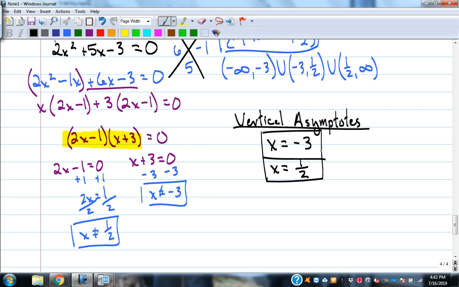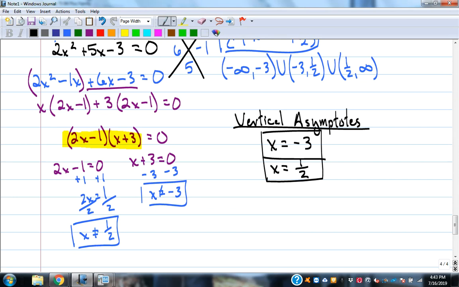Those are our two vertical asymptotes. Okay. If one of those factors had canceled out, you would only have whichever one was left as your vertical asymptote. So vertical asymptotes should match up with at least part of your domain. In this case, it's all of it. It's both of them out of the domain because nothing's simplified. Okay. So we get vertical asymptotes. Once we find that domain and simplify, the vertical asymptotes are really an easy thing. So it doesn't take a whole lot of work for those.